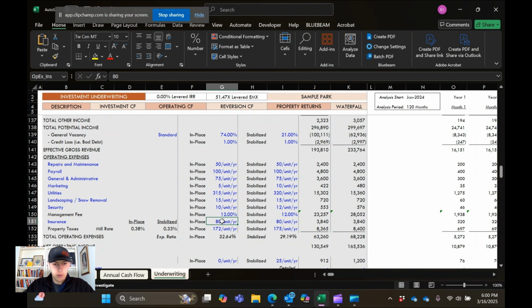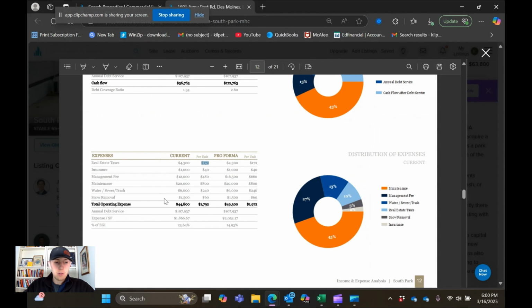To say everything goes up, it doesn't get cheaper. Insurance for this place is probably more than $4,000. So it says $1,000 for insurance. It seems low. I'll go with 4,000.